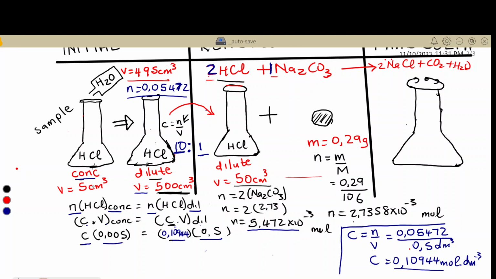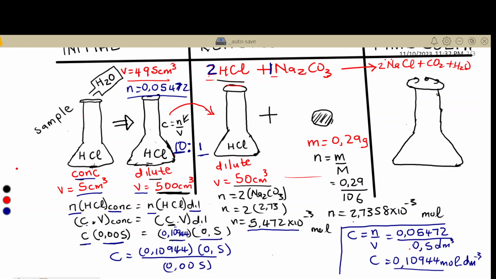The volume of the concentrated is this 5 cm cubed divided by 1000. It's going to give you 0.005. So the concentration of the concentrated is this divided by this. So let's check on the calculator. It's 0.10944 multiplied by 0.5 and divided by 0.005.